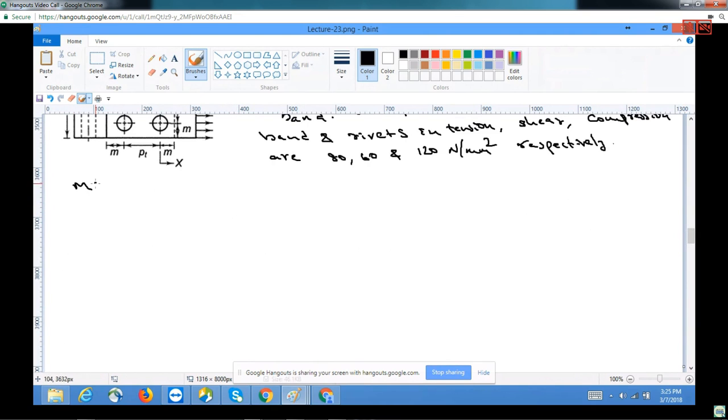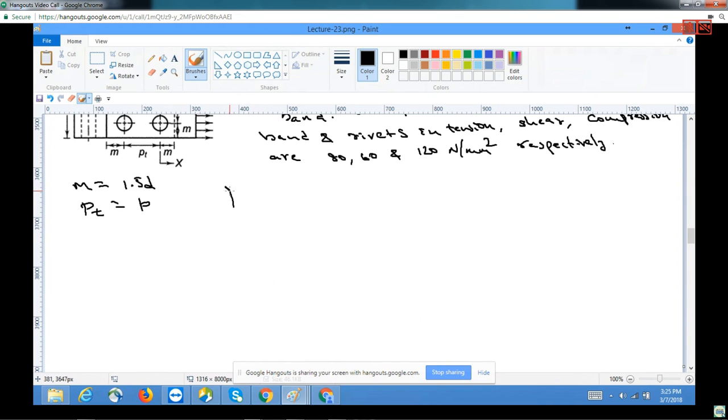Let us assume m is equal to 1.5 times t, and pitch t is the same as in the longitudinal direction. The band can be determined.